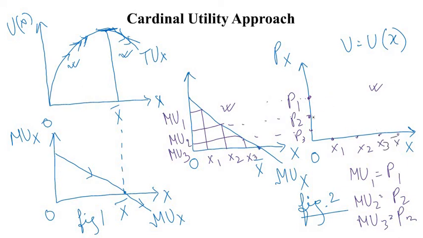So at this point and this point, let us join them. This is nothing but the demand curve for X. This downward sloping curve is showing the demand curve for X. Clearly you can see that we have derived the demand curve for commodity X from the marginal utility curve.